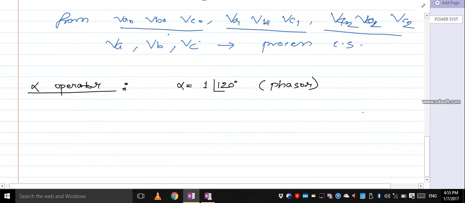And use is made of the alpha operator to express each of the components of VB and VC in terms of components of VA.